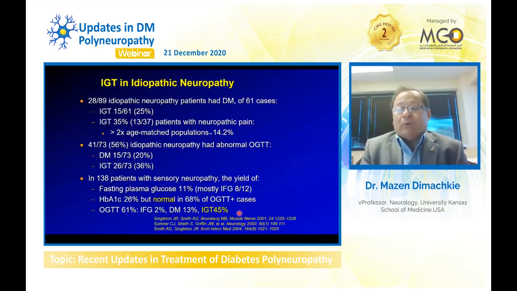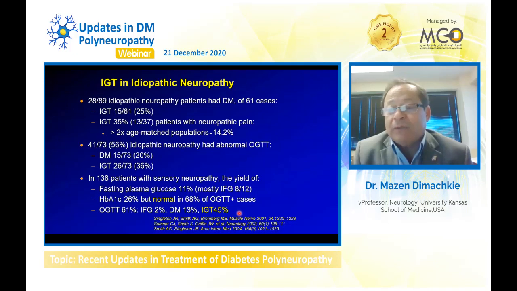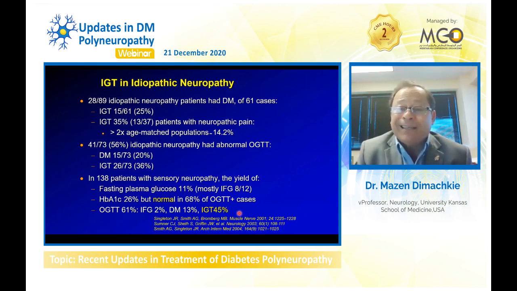Now, one quick point about impaired glucose tolerance, because initially we thought that impaired glucose tolerance was a cause of neuropathy, and then the concept evolved to thinking that this is a cause of painful neuropathy.